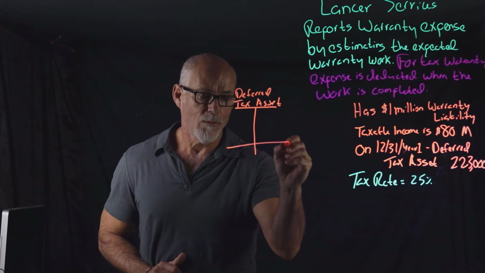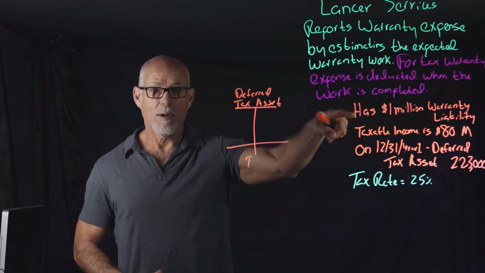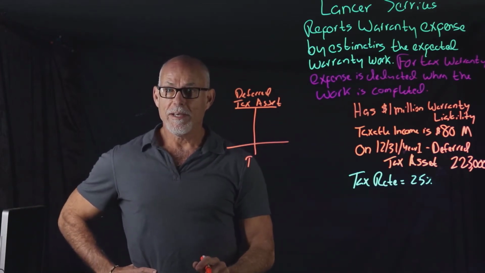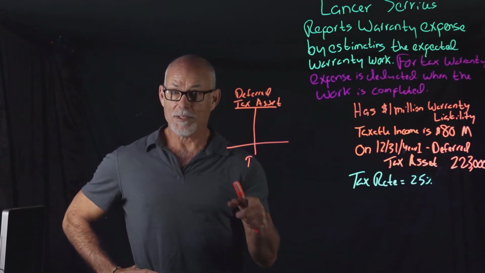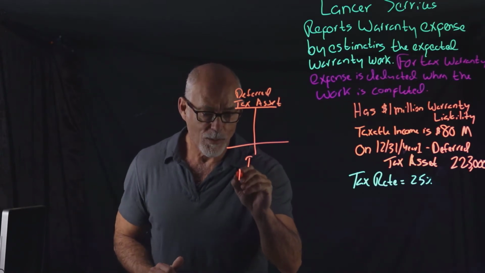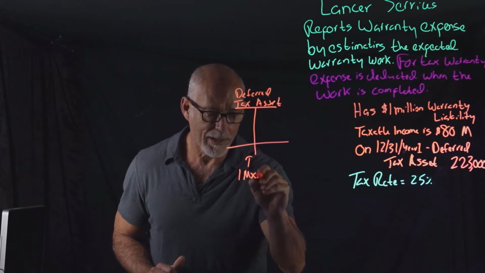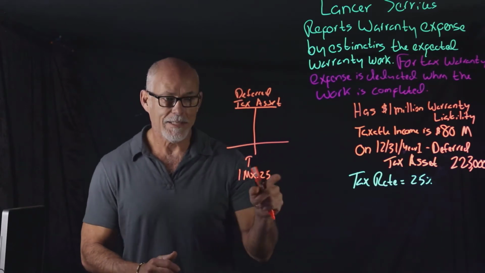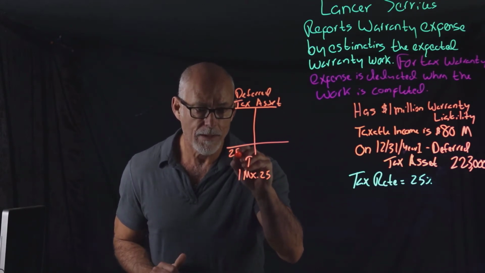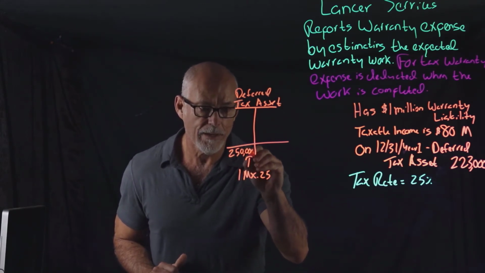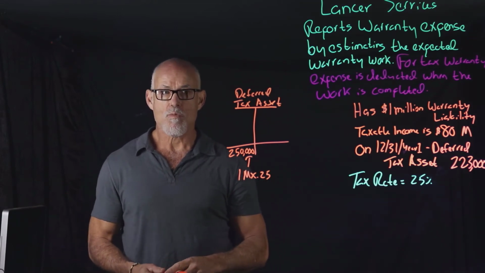So, when I showed you that 1 million, that 1 million isn't the amount that this account needs to be. It needs to be put into tax dollars. And so what we need to do is take that 1 million times 0.25, and that's going to tell us how much this account needs to be at the end of the period, at the end of period 2.